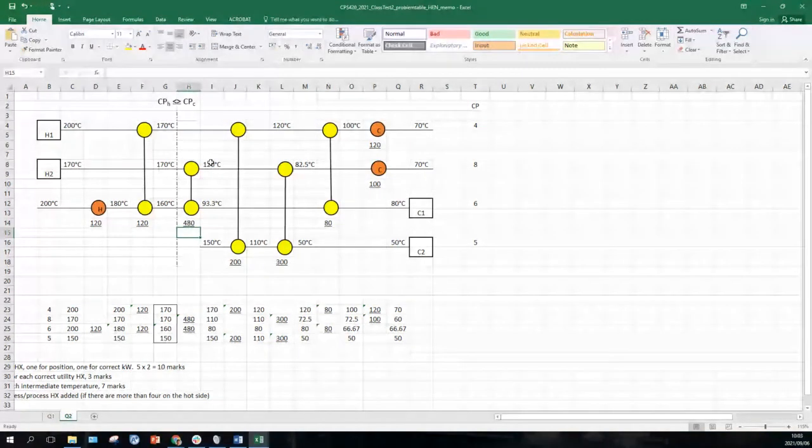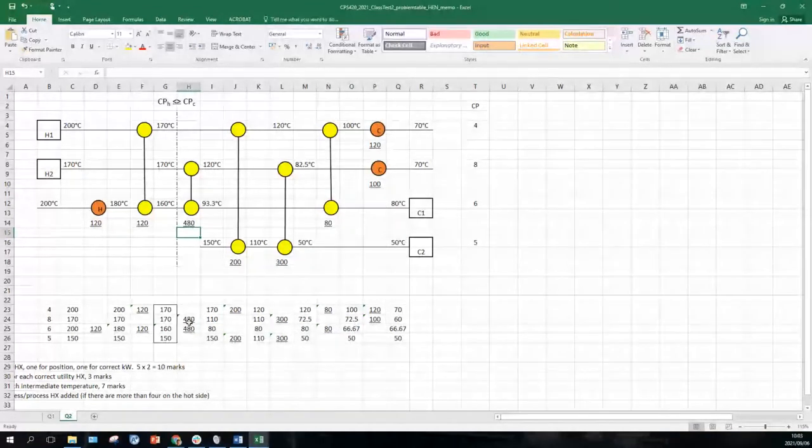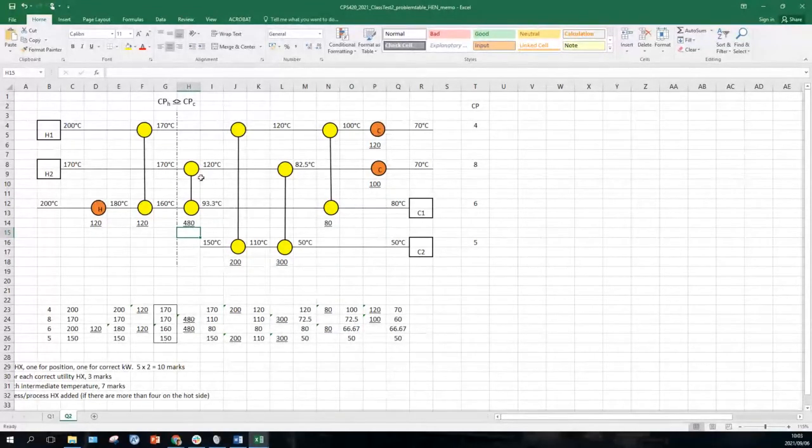If I make this 480, that becomes 110 degrees C. All right, so that temperature there, this is the live spreadsheet that shows that's 110 degrees C. As soon as this is 110 degrees C, the very next heat exchanger you can put in is going to be this one.